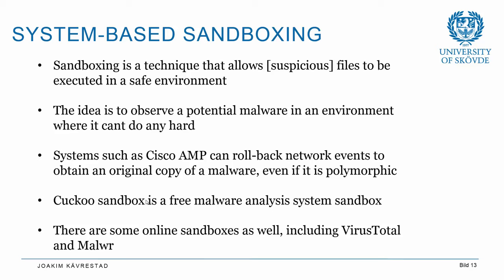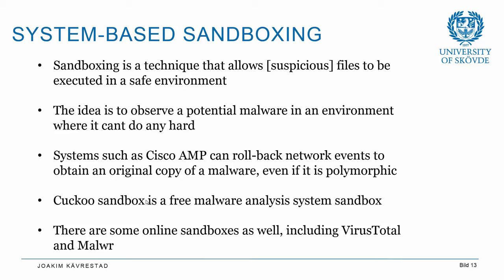Something you should be aware of is that polymorphic malware will modify itself. So when you have suspicious malware, you want to have the original copy of it. Some systems, such as Cisco Advanced Malware Protection, can actually roll back network events, and this allows us to obtain an original copy of a malware, even if it has the ability to modify itself.